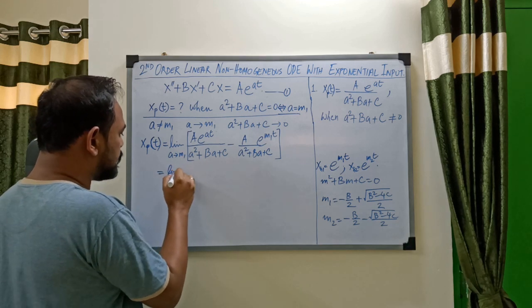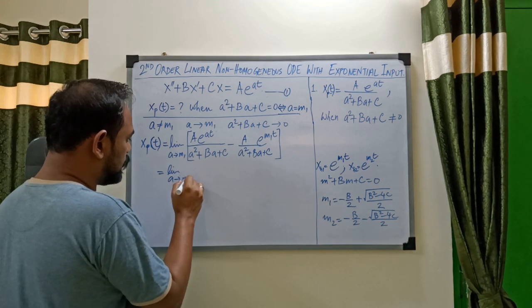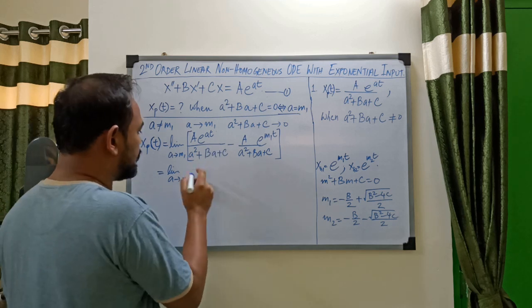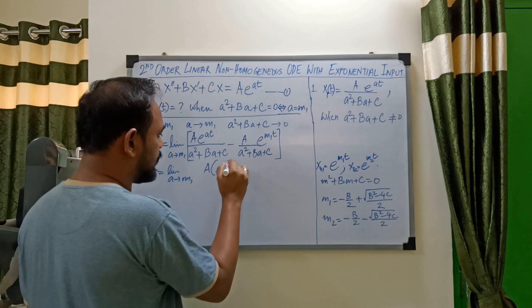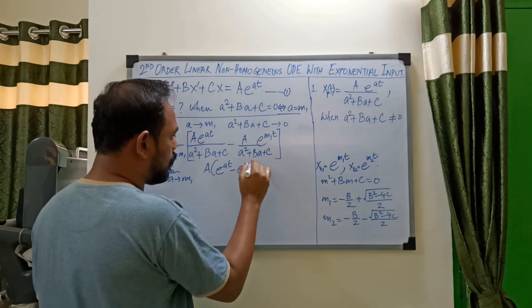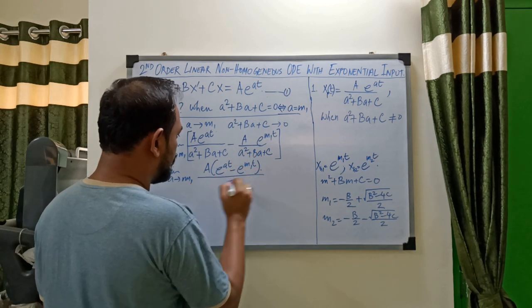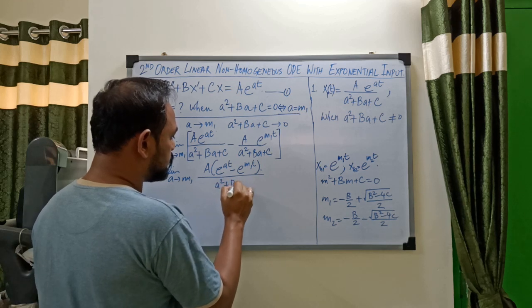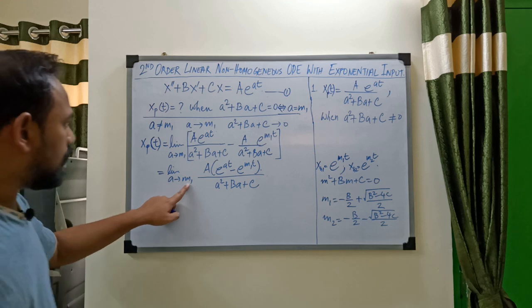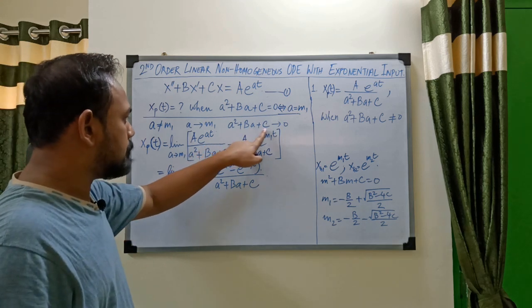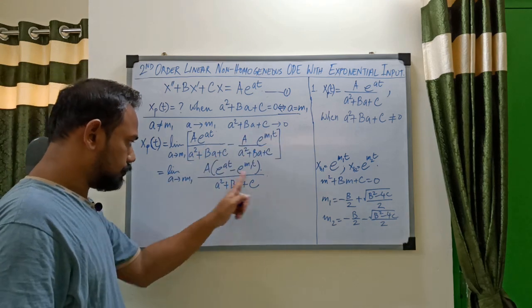Now let's regroup things a bit. So what do we have? In the numerator, capital A is common. You have e to the power at minus e to the power m1t, divided by a square plus ba plus c. Now as a goes to m1, a square plus ba plus c goes to 0, so the denominator goes to 0.